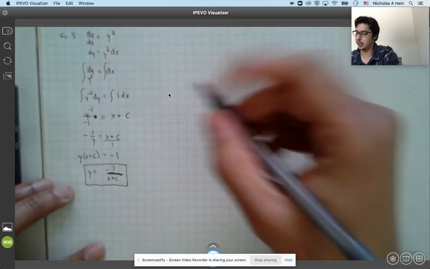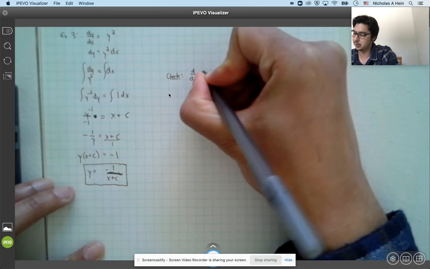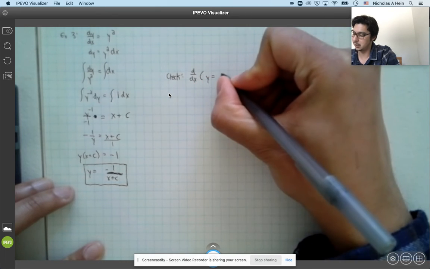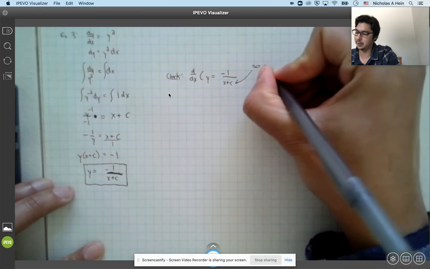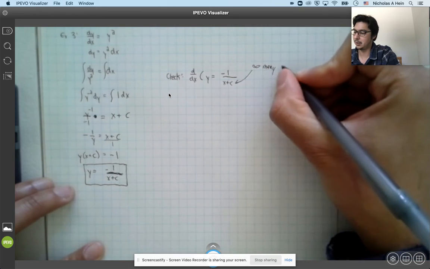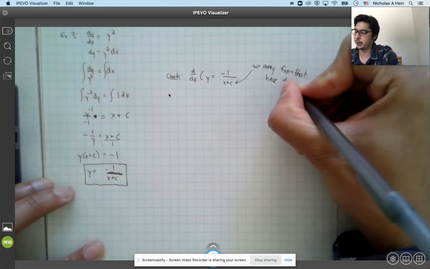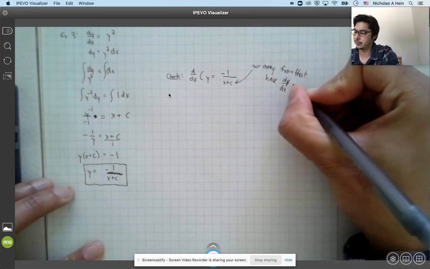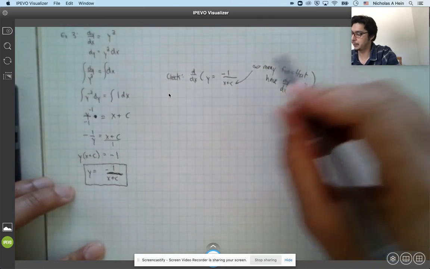Okay, and let's check. Make sure we did that one right. So let's check. If we take the derivative of this solution here, which again, that plus c, remember that means that there's infinitely many functions that have a rate of change of y squared. Right, so just keep that in mind. So let's check.